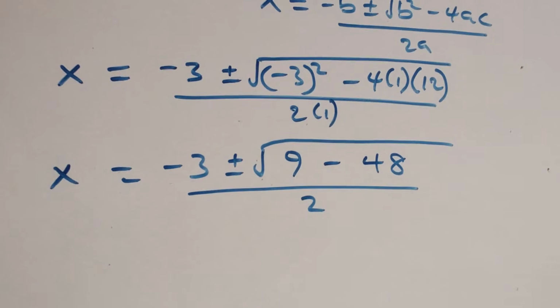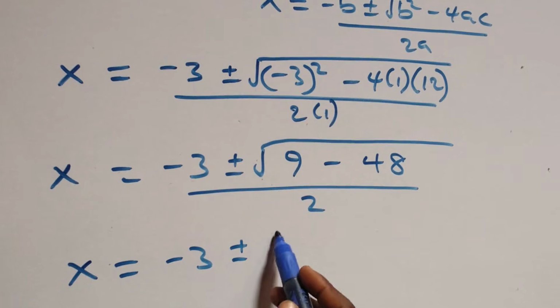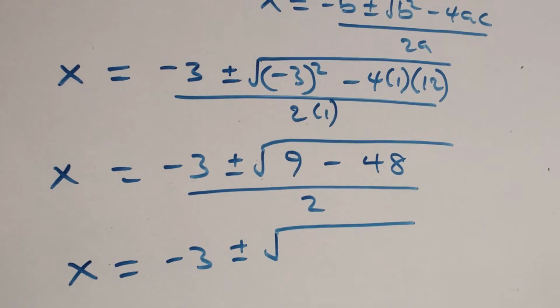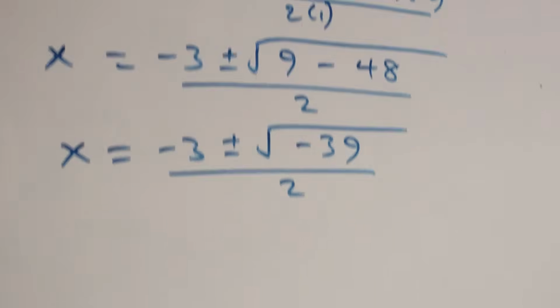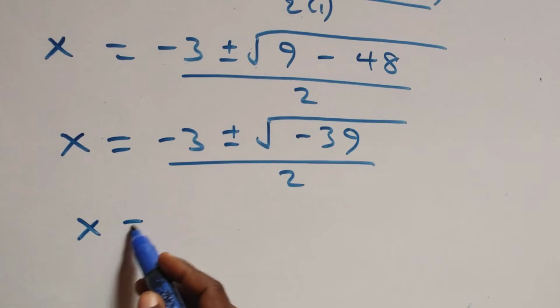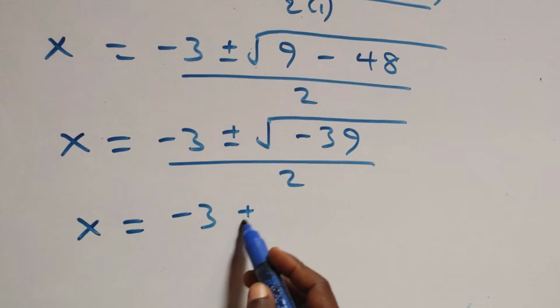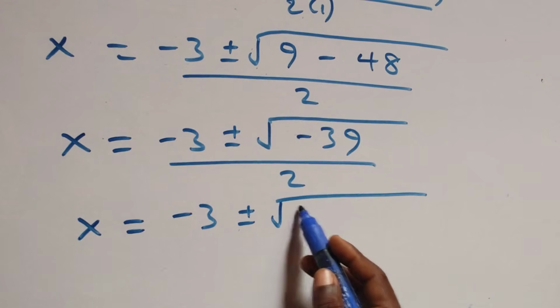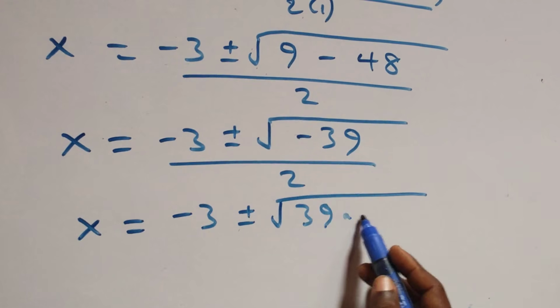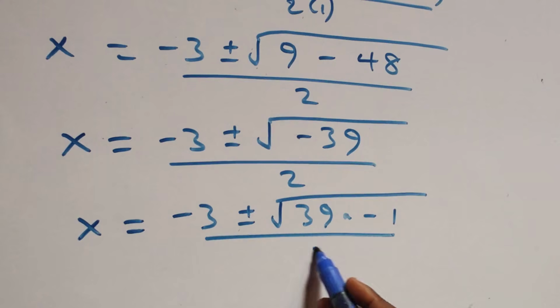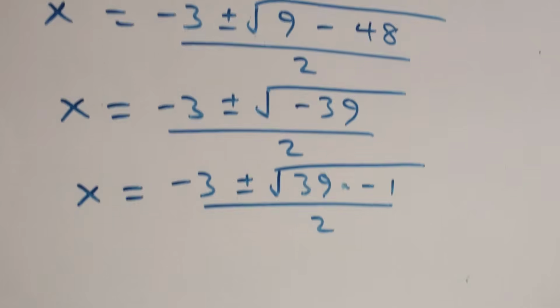That is, here we have x equals to minus 3 plus or minus square root of 9 minus 48, we have minus 39 all over 2, which also can be written as x equals to minus 3 plus or minus square root of 39 times minus 1 over 2. That is here.